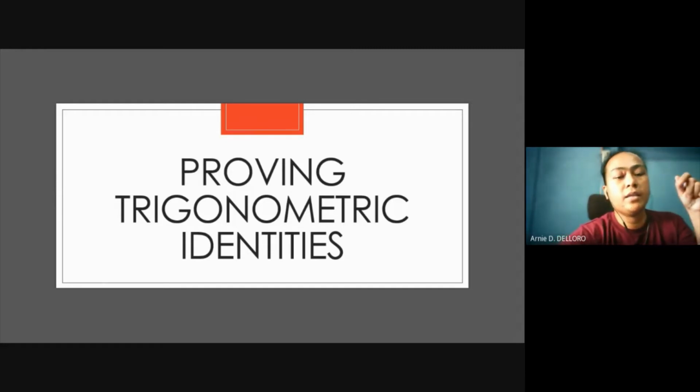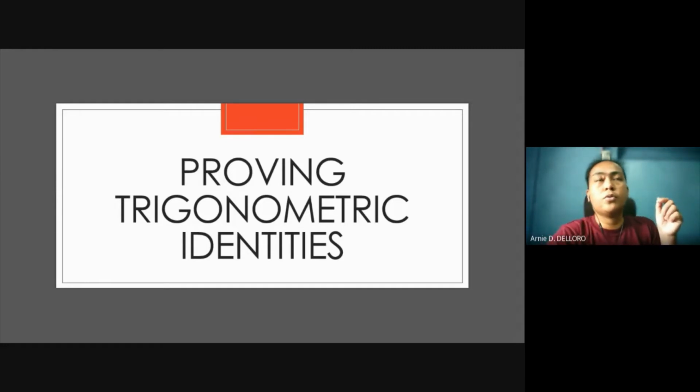And in proving identities, we can either manipulate the left side, manipulate the right side, or you can manipulate both sides of the equations. Pwede yun. Okay? Pero I suggest, ang ginagawa ko kasi, isang side lang yung minamanipulate ko. At yung minamanipulate ko is yung mas komplikado. Okay? To prove yung simpler form.